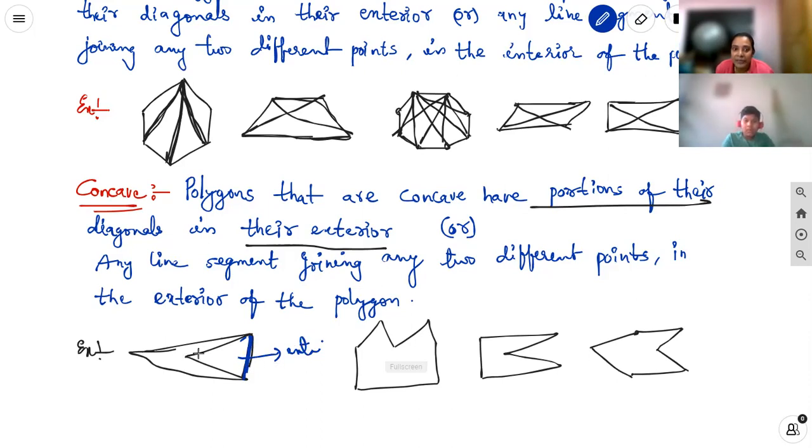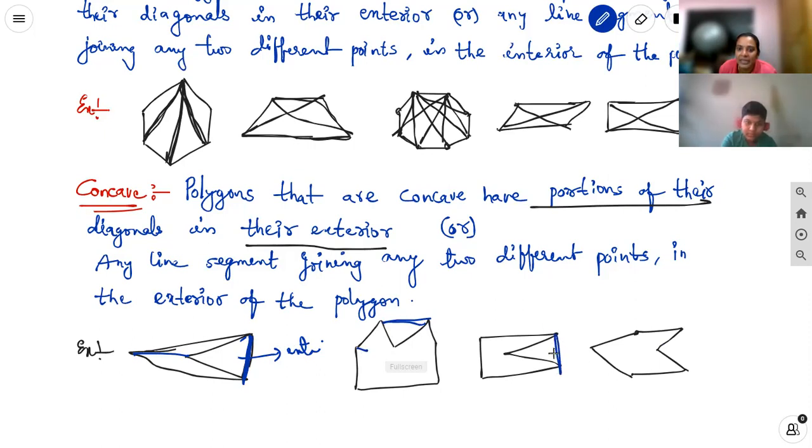This part is interior, but this is exterior. If at least one diagonal of the polygon is exterior, then that is concave. See here, this is the exterior. All the others are interior only, but one diagonal is exterior.